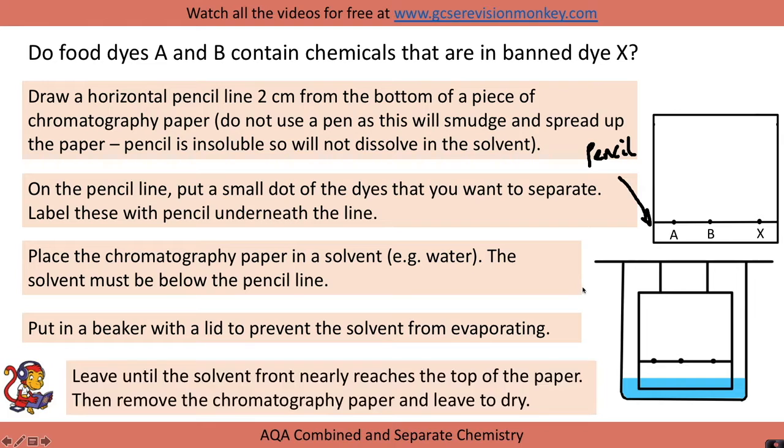Then we leave until the solvent front nearly reaches the top of the paper, then remove the chromatography paper and leave to dry. So the process of separating a substance through chromatography has 2 different stages. The paper itself is called the stationary phase, and when the inks are dissolved in the solvent, that is called the mobile phase.